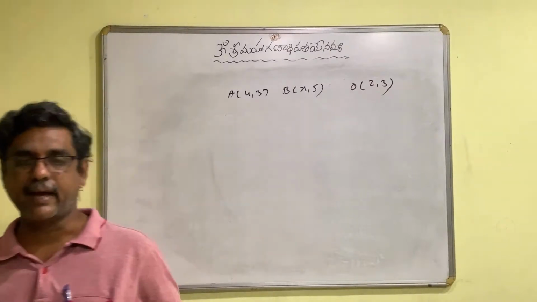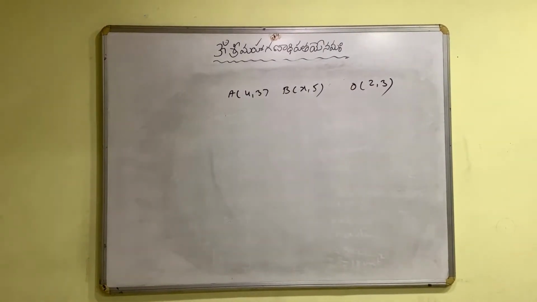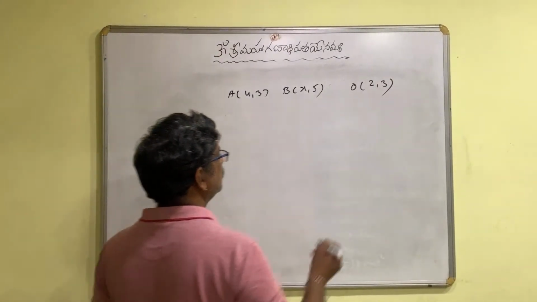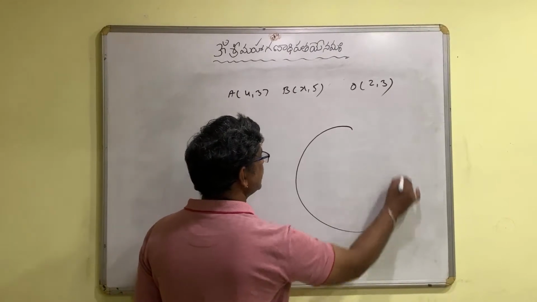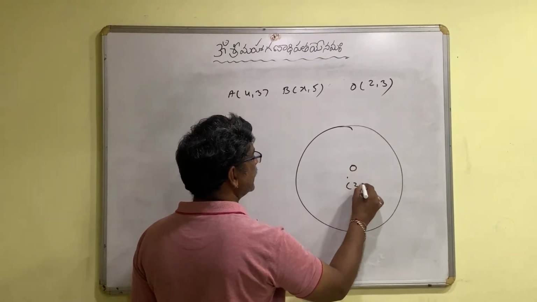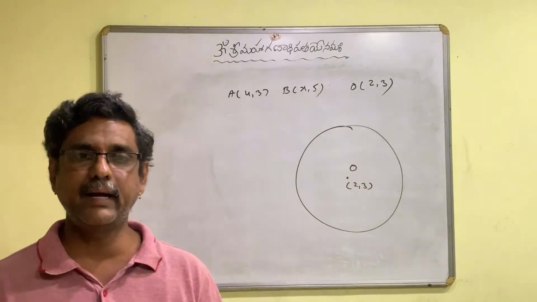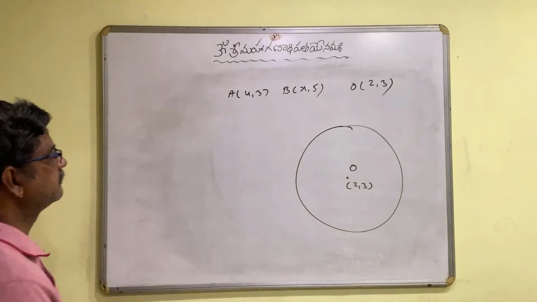Find the value of x. Children, there is a circle with center O whose coordinates are (2, 3).